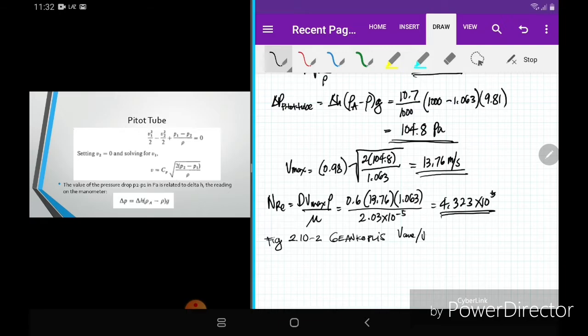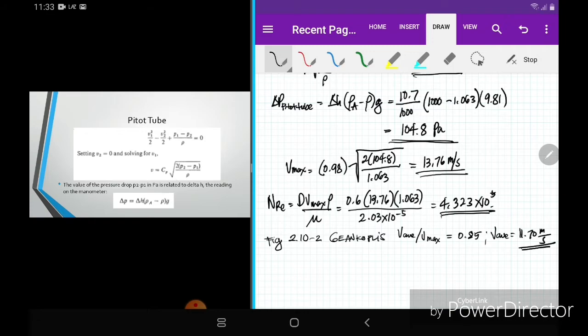Okay, V average over V max is equivalent to 0.85. Now, we have the V max. Tapos, meron kang value ng ratio of V average all over V max. Then, we can calculate for the V average. This is then equivalent to 11.7 meters per second. So, this is your average velocity.